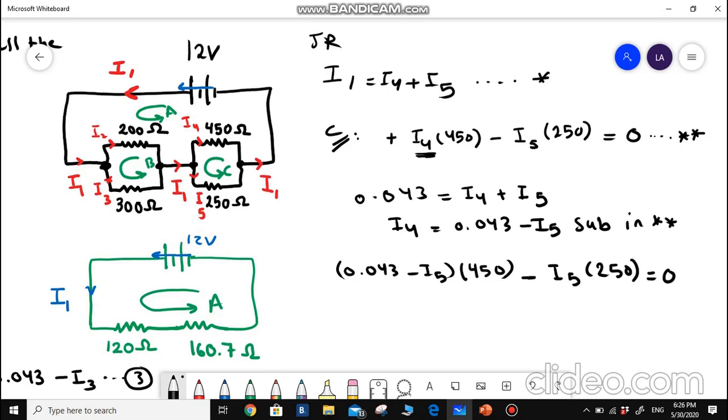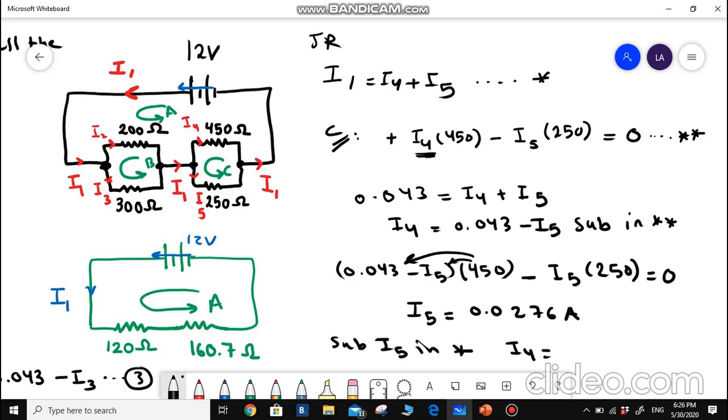So solving this by again distributing and adding the like terms, I5 will be equal to 0.0276 amps. Now you need to take this value and substitute I5 in the equation that I called star, so you will get the last current I4, which will be 0.0154 amps.